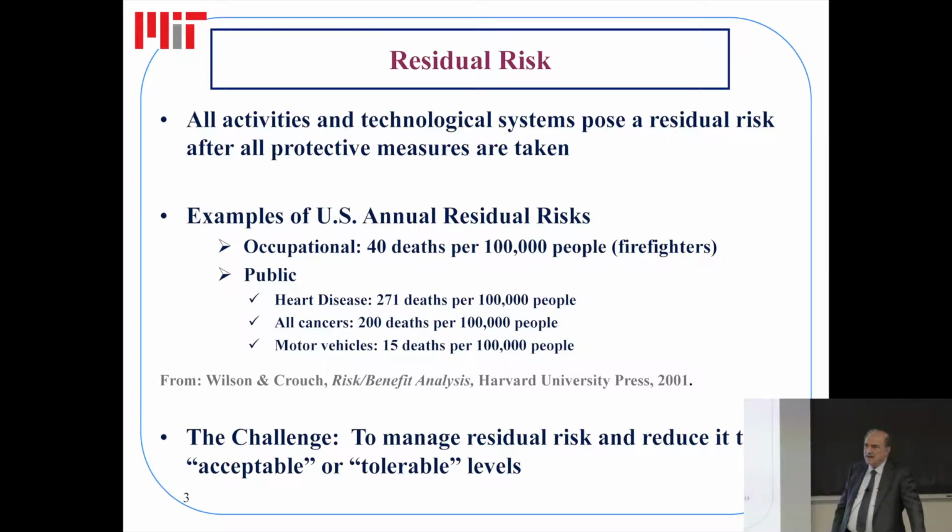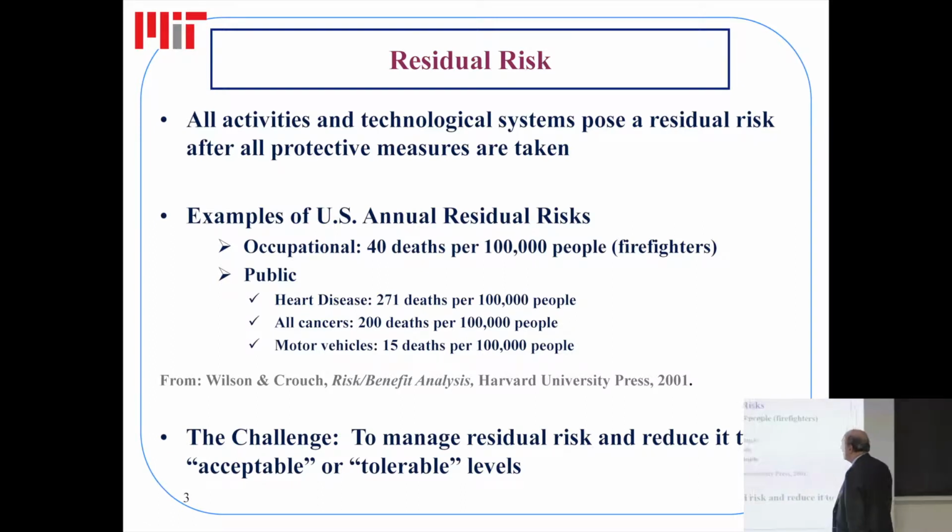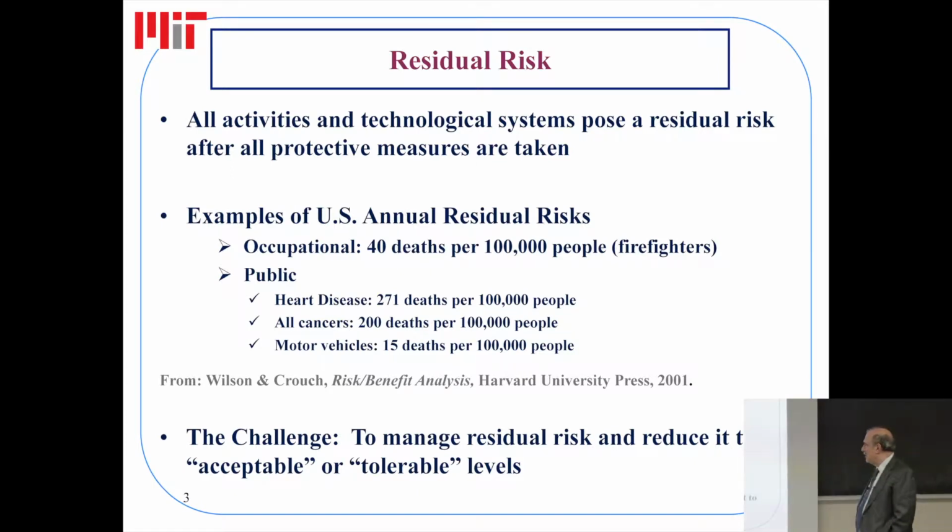The Commission said nuclear power should not contribute significantly to the existing risks. And in fact, the Commission said we want the quantitative health objectives of the nuclear industry to be 1,000th of these. So you take whatever rate you have here, you divide by 1,000, and you get the NRC's goals.